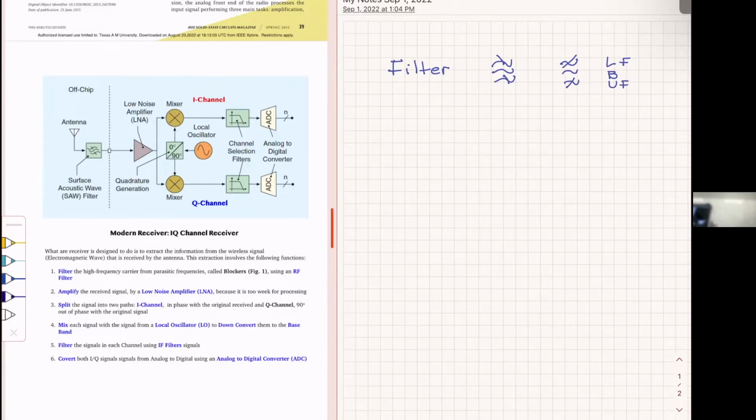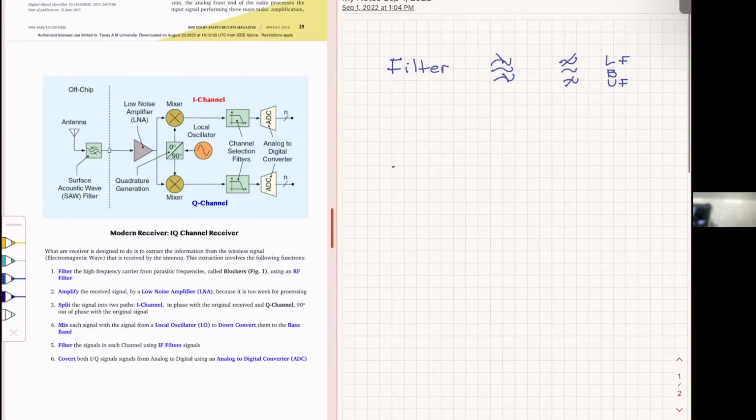Okay, the next one, what does this filter do? Our signal is around a frequency, all right, and has a bandwidth. So you're going to have a signal in the frequency domain. In the time domain, the signal is going to look like this. Whatever, all right?